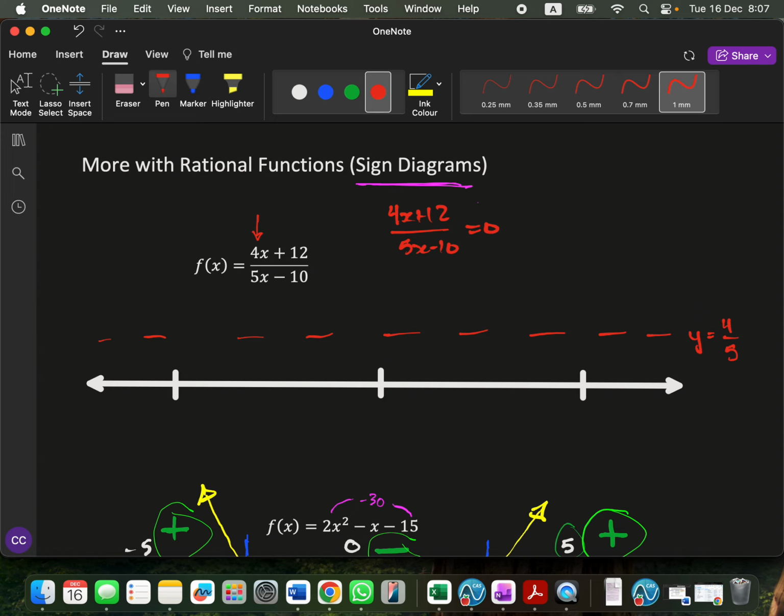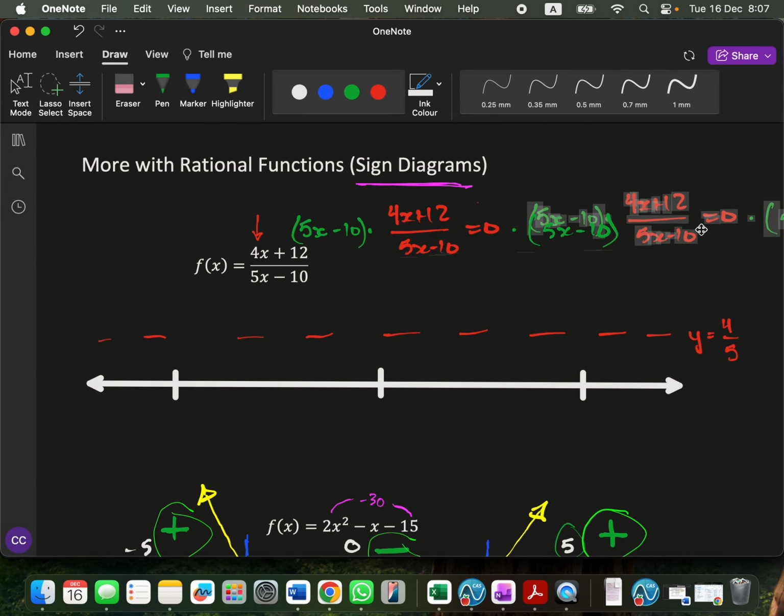And we like this because when we do this, I need to get rid of that denominator. So 5x minus 10, multiply that by both sides. And when we multiply by 0, that's going to go away.